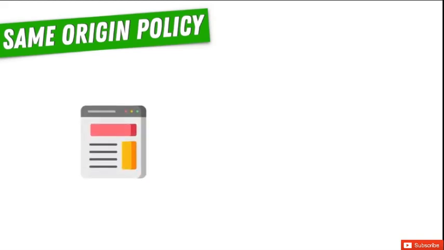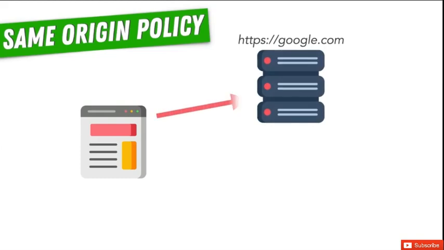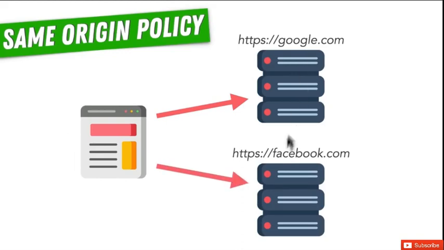You might be browsing on your computer a site like google.com and making requests to Google servers. But the JavaScript that you're running on your browser that has Google's code might also potentially make requests to facebook.com. Maybe it's submitting a form to Facebook or getting some data about your friends.